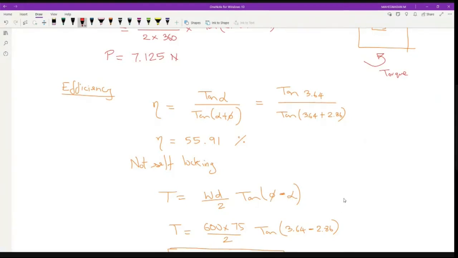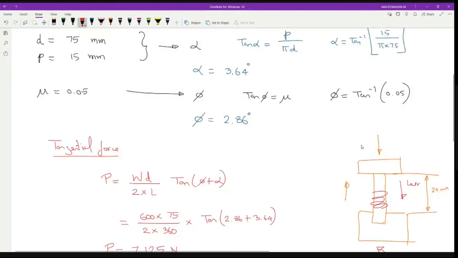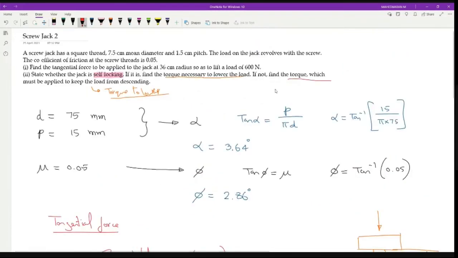When the load is lowered, the screw will move only down. Whatever torque is applied when the load is lowered, that you have to identify, and based on that we apply a torque. So the question is to find the torque which must keep the load from descending.